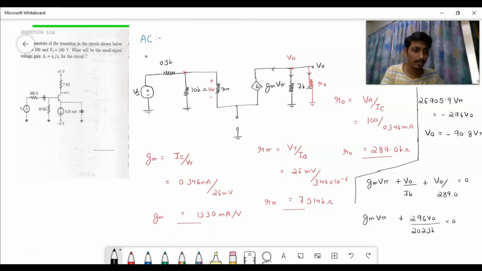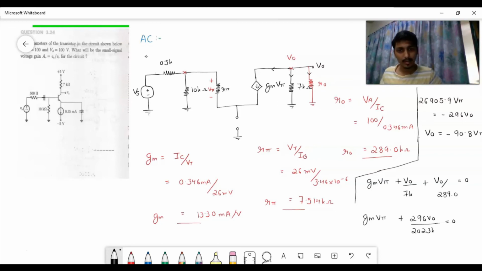So we have to substitute V pi in terms of Vs. We got an equation for V0, but this is not our final equation. We have to find V0 by Vs. So we have got only V0 equals minus 90.8 V pi. Okay.